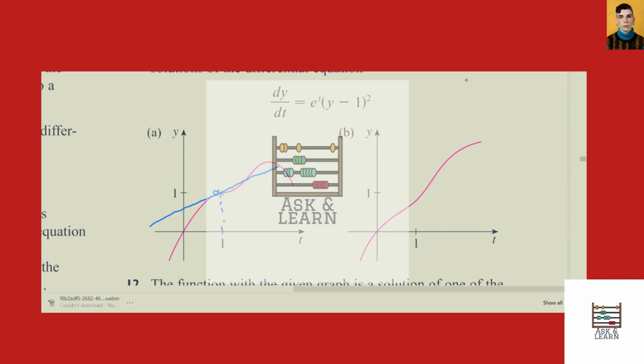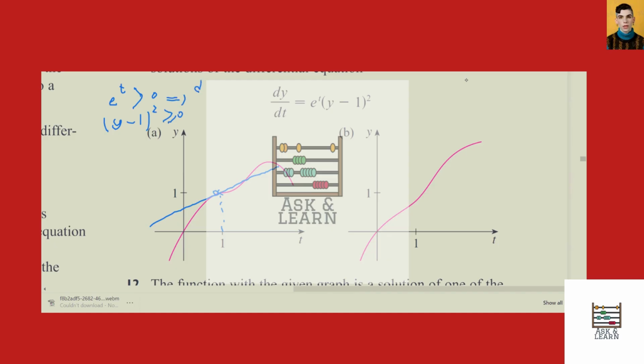Here, the slope of the tangent line is positive. It means that the derivative of this function at x equals 1 is positive. Now let's return to the differential equation. We know that e to the power t is always a positive function, and also (y minus 1) squared is always positive.